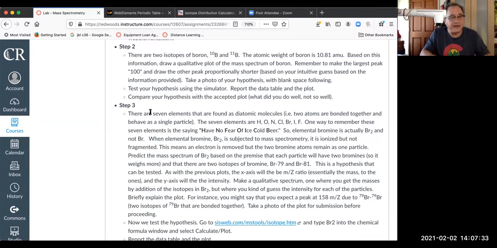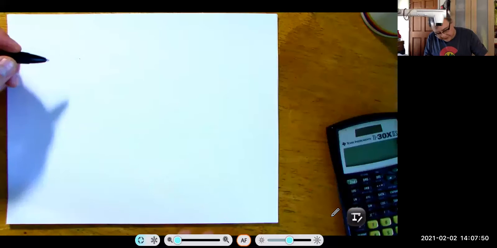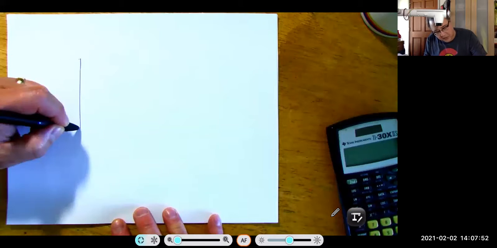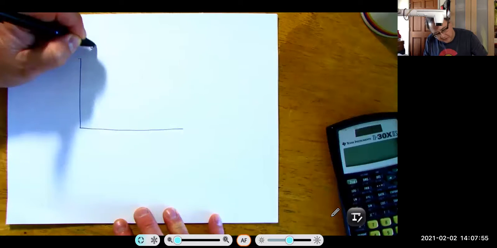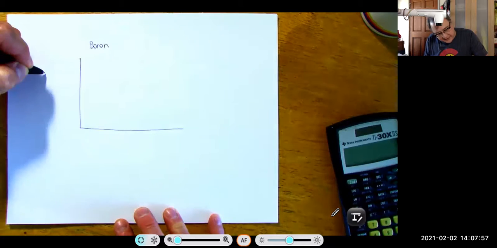So now let's take a look. I'm going to switch screens. We're going to draw a hypothetical mass spectrum, our intuitive guess. So I'm going to change my share to my paper here. We're going to say boron. We're going to put intensity here.